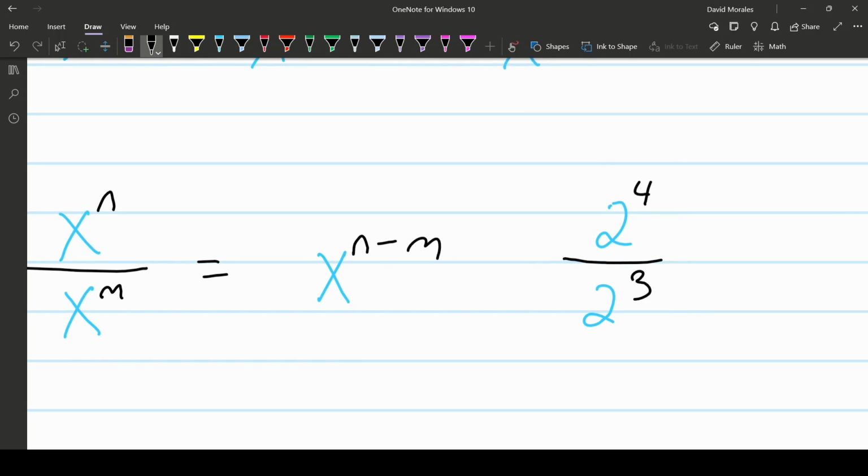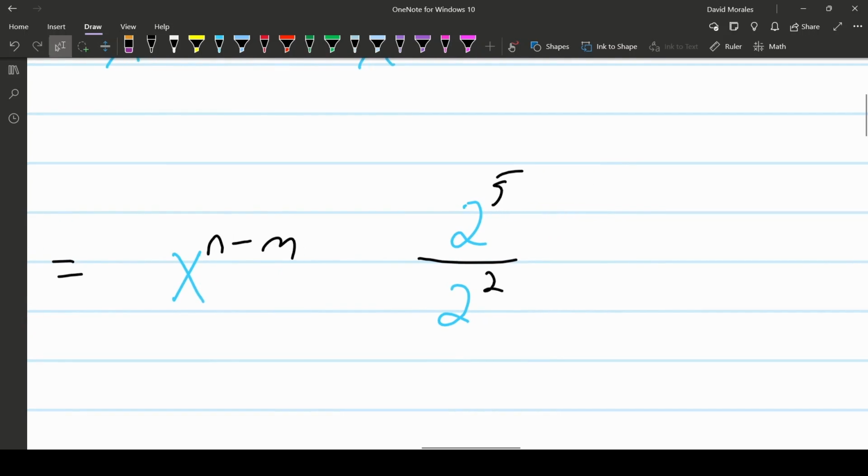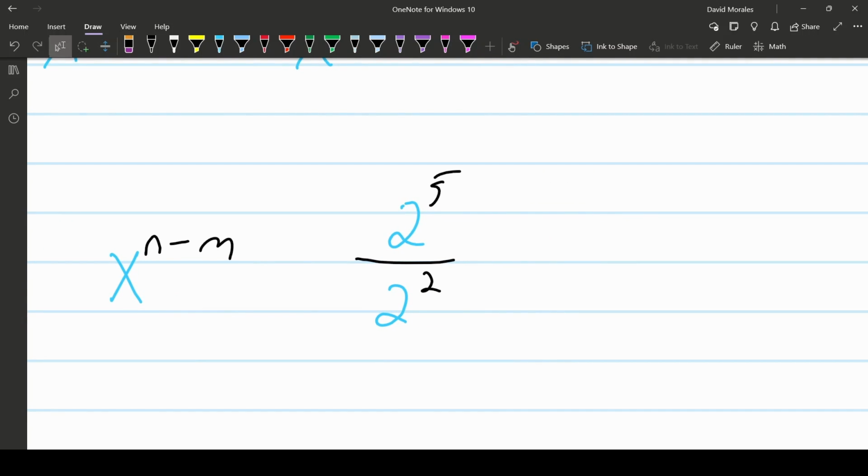If I had 4 and 3, 5 and 2, and so forth. As long as I have the same base, the blue, and I'm dividing, the quotient rule states, hey, you're going to subtract these exponents. Let's subtract the top from the bottom. 5 minus 2. All right, that's how that works.